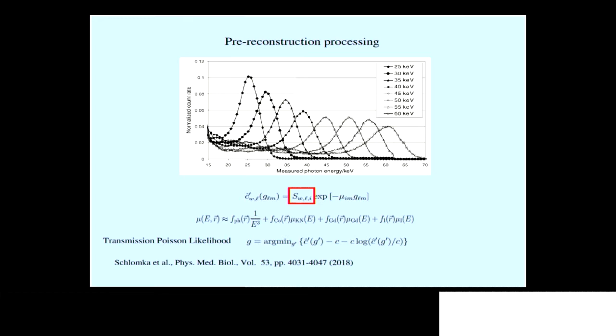So in principle, with an ideal photon counting detector, when a photon comes into a detector pixel, it should be able to detect whether that photon is above a certain threshold and below another threshold. But there's a whole bunch of physical processes inside the detector which mess that up.